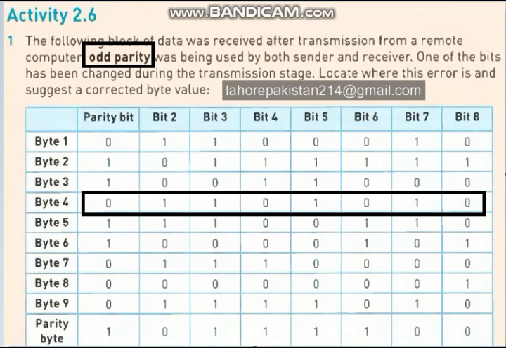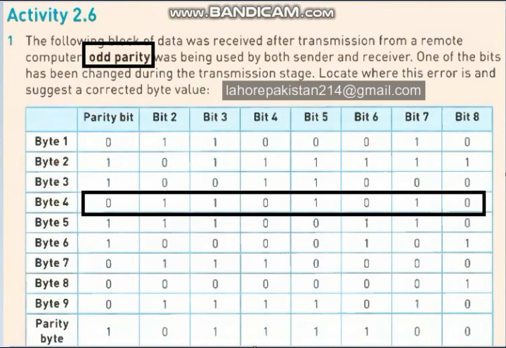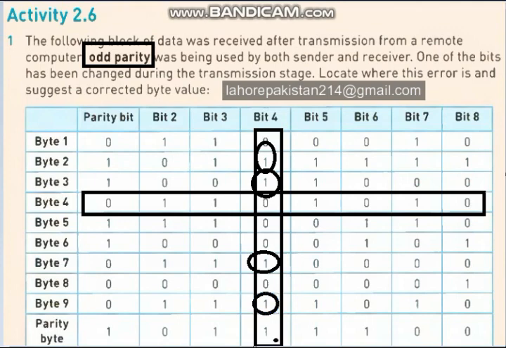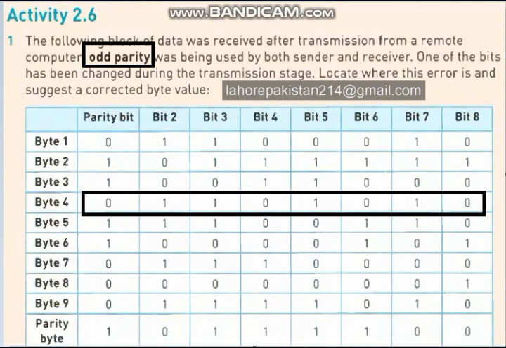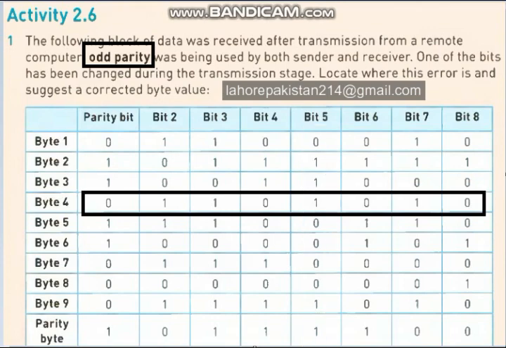Now the third column: 7 is an odd number, so there is no error. Now the fourth column: 5 is an odd number, so no mistake. Now the fifth column: 5 is an odd number, so no mistake in the fifth column also.